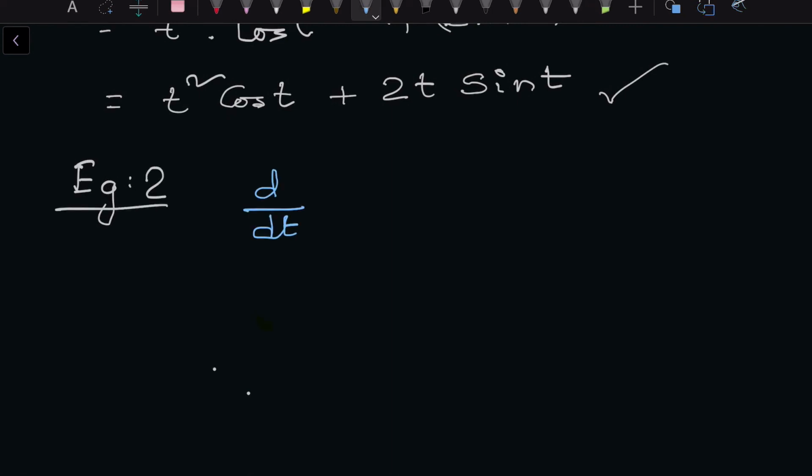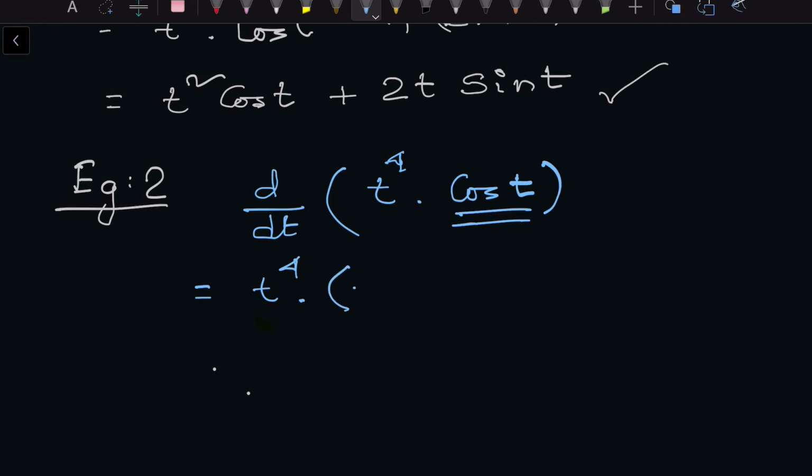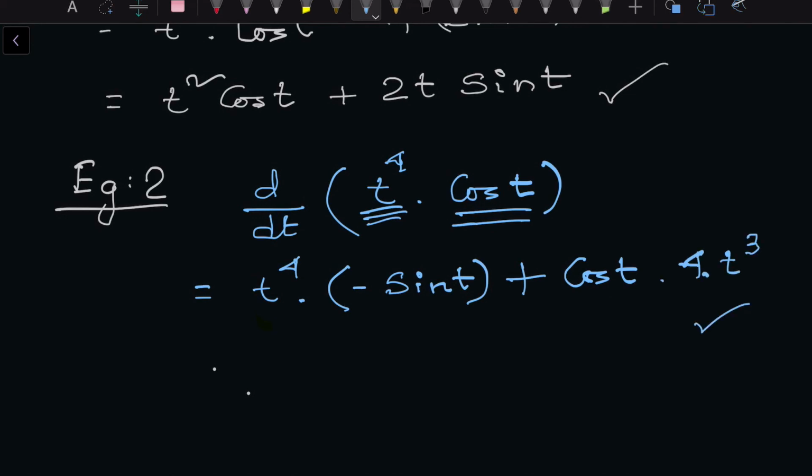See this to confirm your confidence. t to the power 4 into cos t, again algebraic and trigonometric. t to the power 4 unchanged, cos t differentiated gives minus sin t, plus now cos t unchanged, t to the power 4 is differentiated as 4t to the power 3.